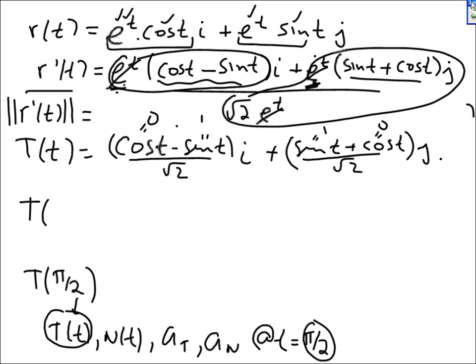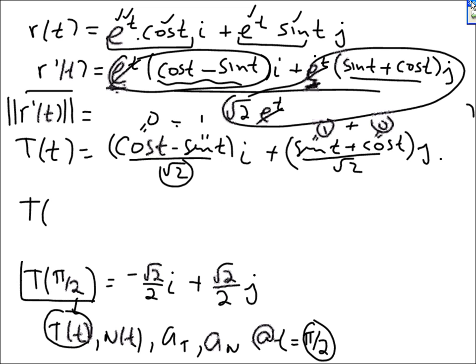So in the numerator for the i, we get 0 minus 1, which is negative 1 over the square root of 2, i. Plus, in the top, we have 1 plus 0, which is 1 over the square root of 2, j.